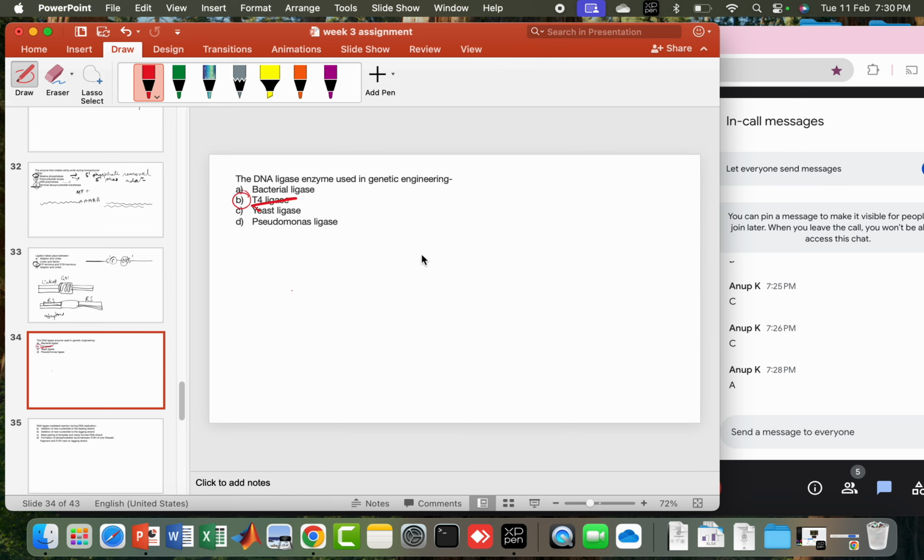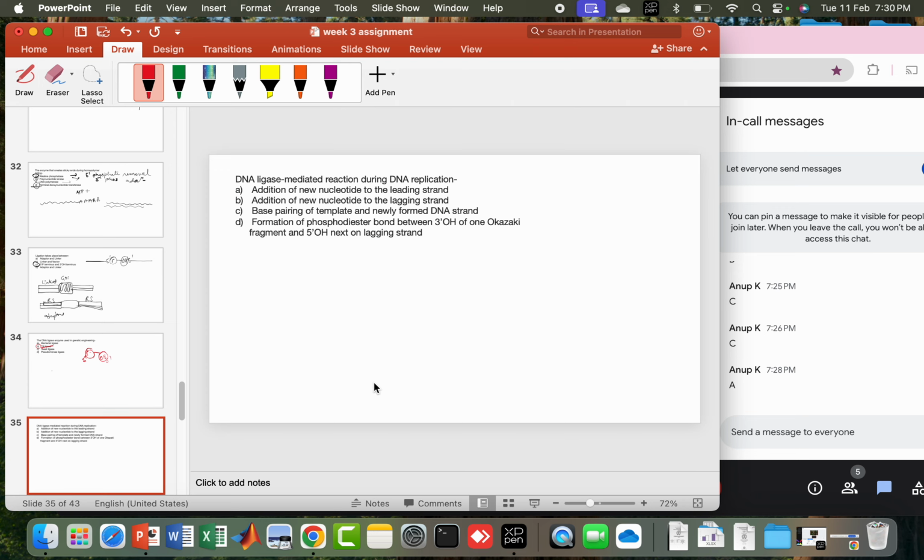This ligase again acts on the 5 prime phosphate and 3 prime OH, and it will ligate these two molecules. So we use T4 DNA ligase and E. coli ligase enzyme.